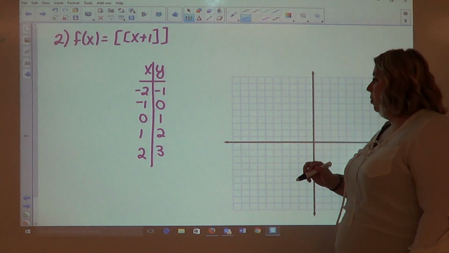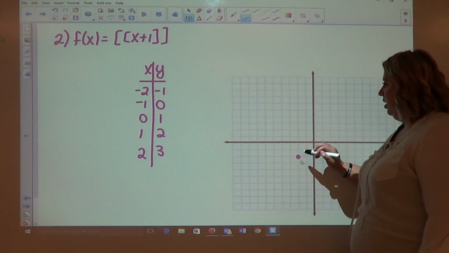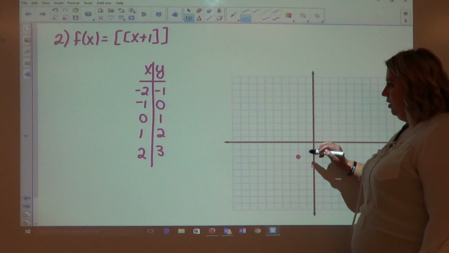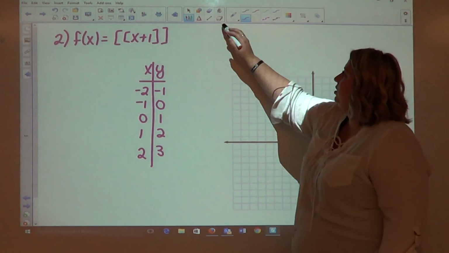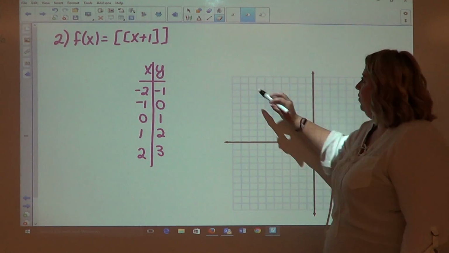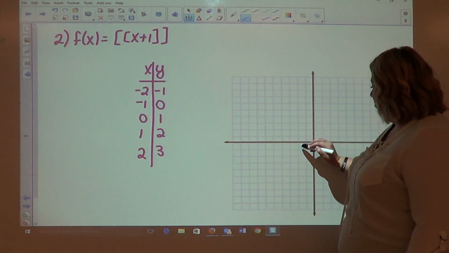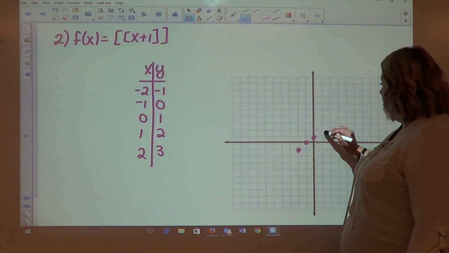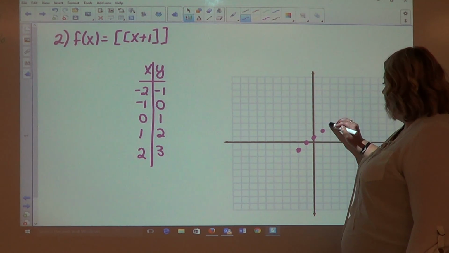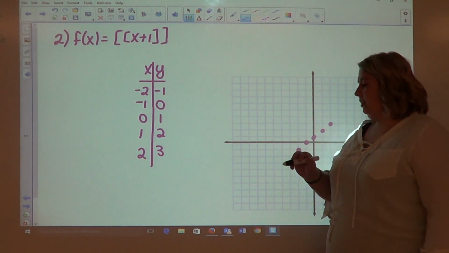And I'm going to plot my points. -2, -1, -1, 0. And I didn't do that point right. Sorry. Start over. -2, -1, -1, 0, 0, 1, 1, 2, and 2, 3. Same thing. We're going to make the steps.